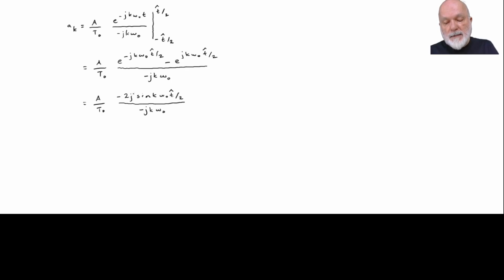Now here we say that these j terms will cancel out, and also the minus signs will cancel out. And we have A sine(k omega 0 T cap over 2) divided by T0 k omega 0.